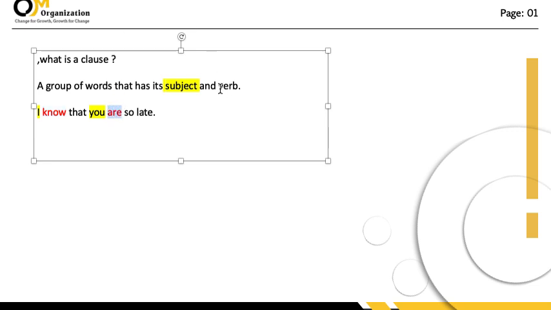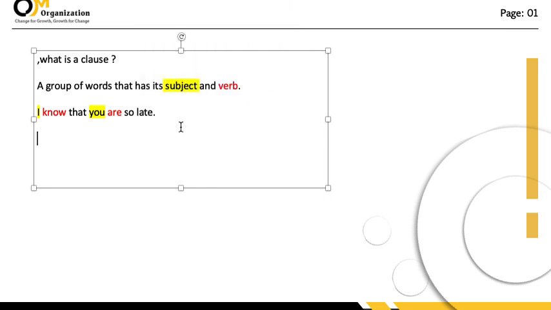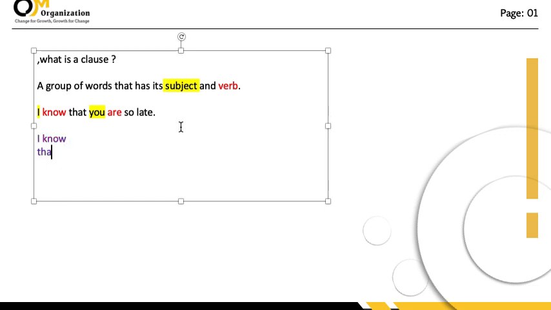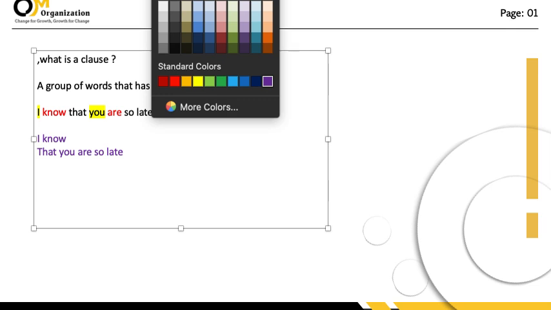If somebody asks you how many clauses we have here, you're going to say we have two clauses. The first clause is I know, subject verb, and the second clause is that you are so late. Let me give you another example.